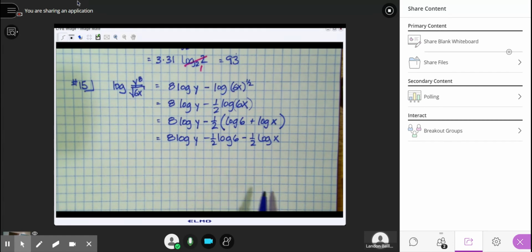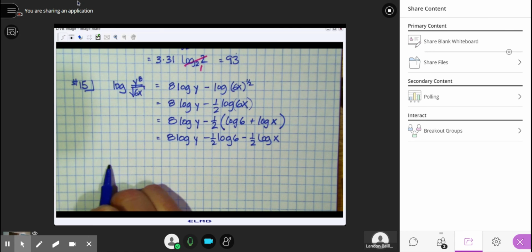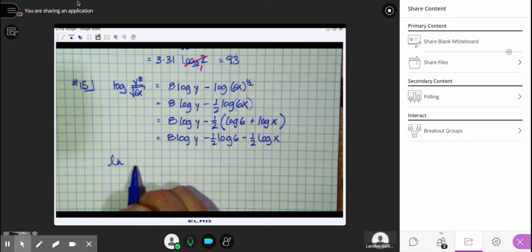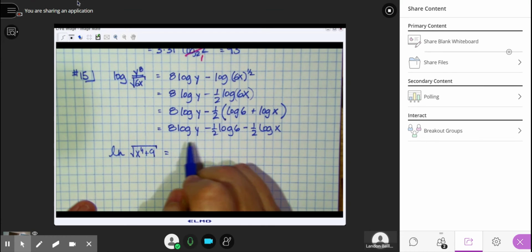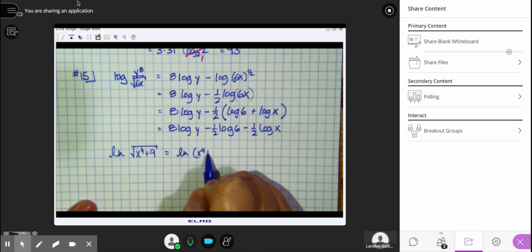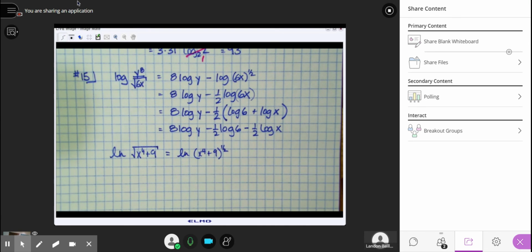In the denominator, oh, this is a good one. Okay, so what would you do first? Yep. And then?